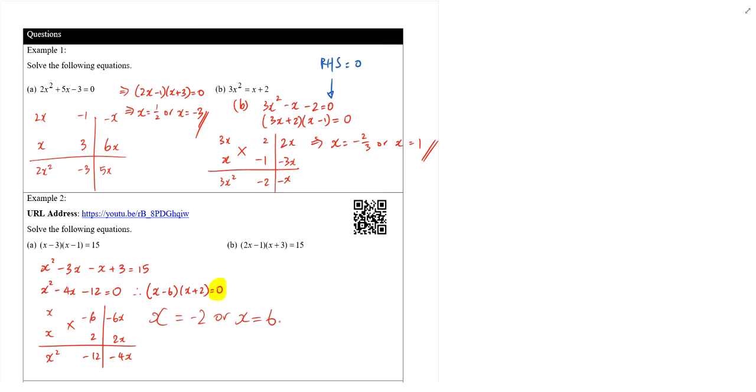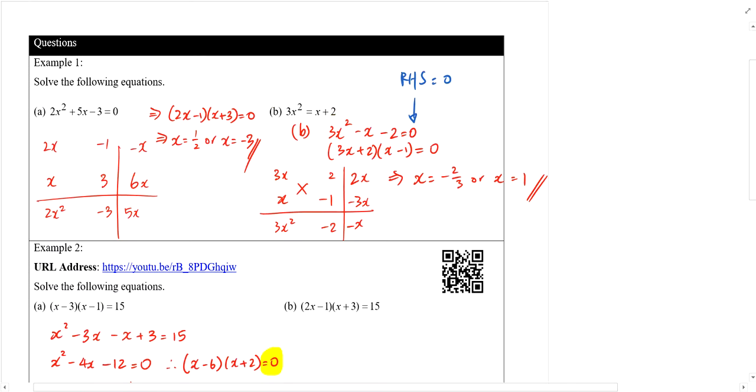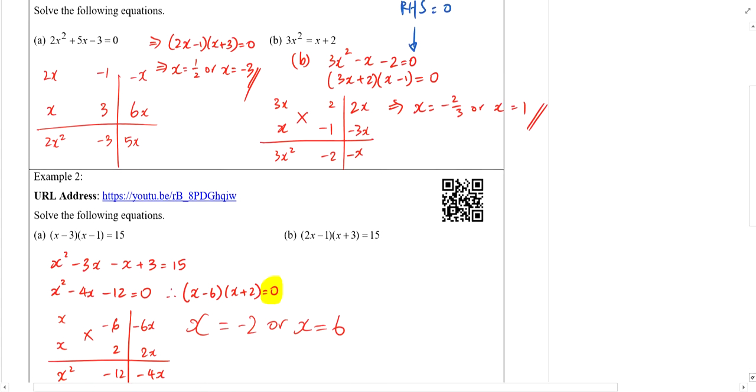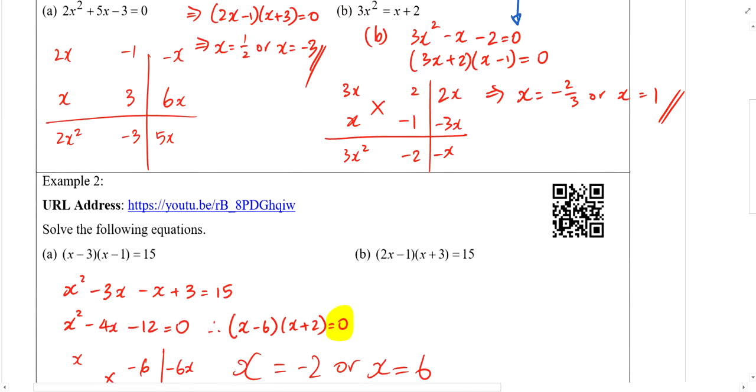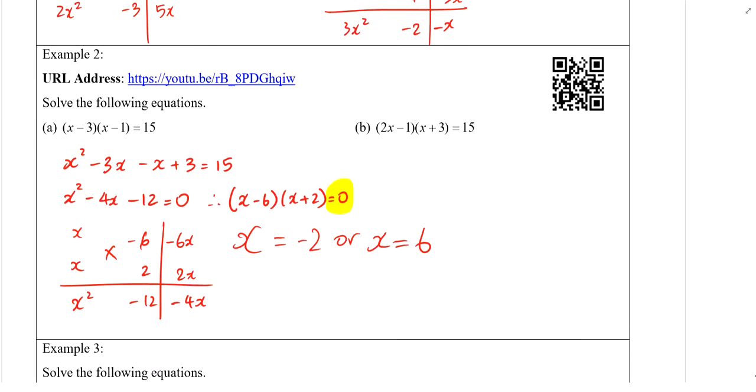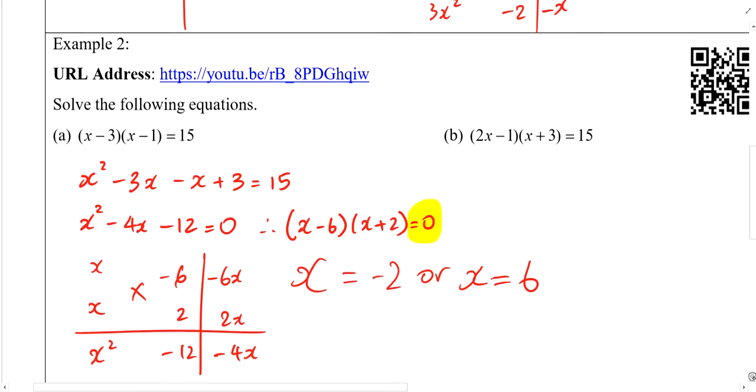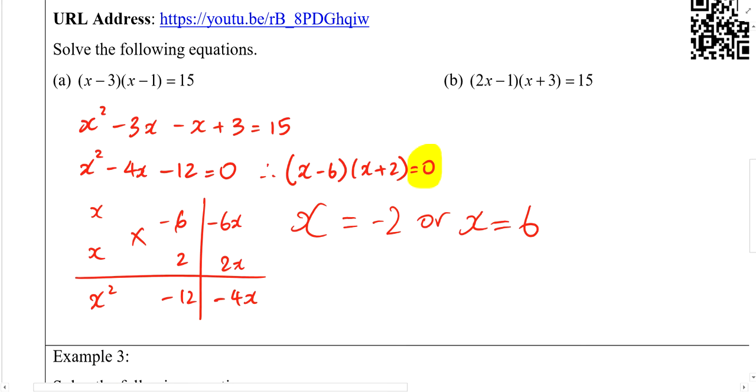You must put it in. Okay? So that's for part A. X equals -2, x equals 6.